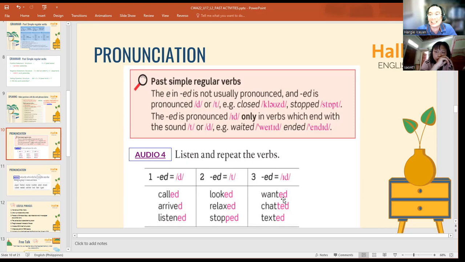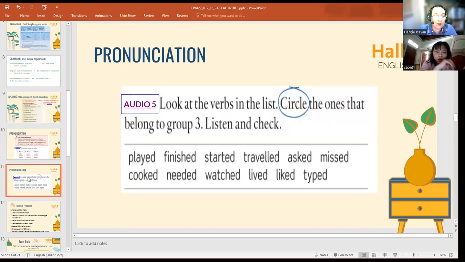So what are those words that belong to group 3? I think it is started, and needed. So there are only 2 in here that can be grouped into group number 3. That would be started and needed.